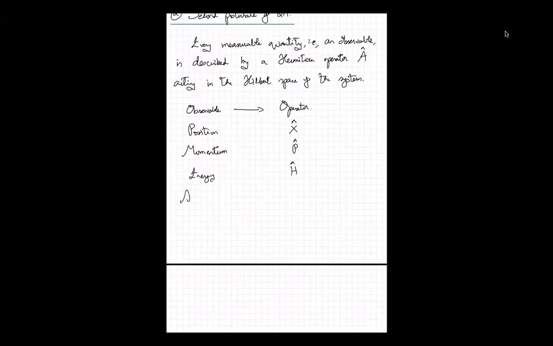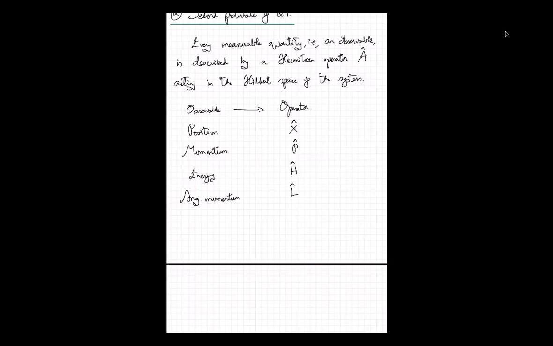When I talk about angular momentum, for instance, then there is a corresponding angular momentum operator, L hat. Now, in classical mechanics, these are all things that you can measure, but quantum mechanics tells you that for everything, there is a corresponding operator that is acting on all these vectors in the Hilbert space of the system.